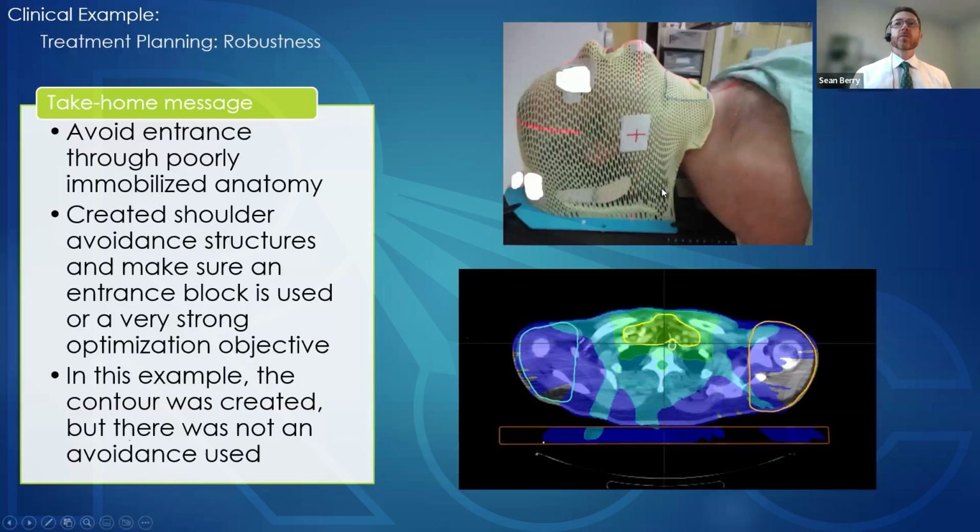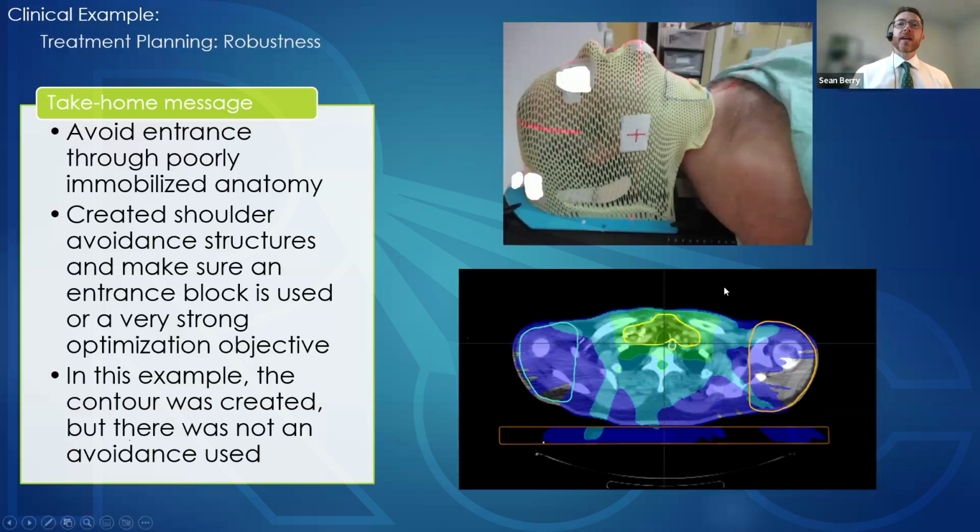So you can see this patient was simmed in a mask that only holds their head and neck, but does not hold their shoulders, but the contours came down. The target is down here through the superclav area. So we have this situation of variable anatomy. The shoulders could be moving into and out of the field, which would affect the dose to the target and the organs at risk. So there's some things you can do.